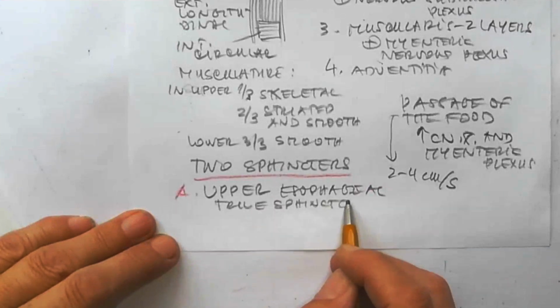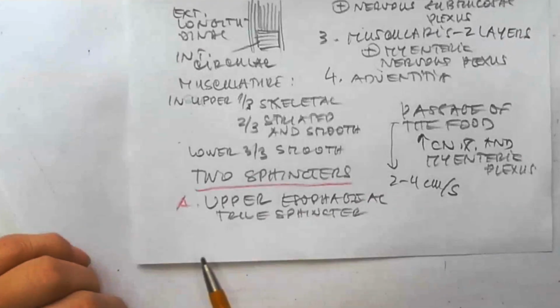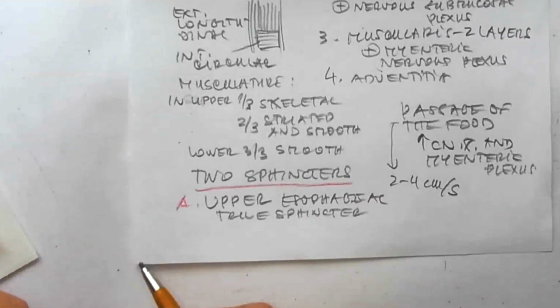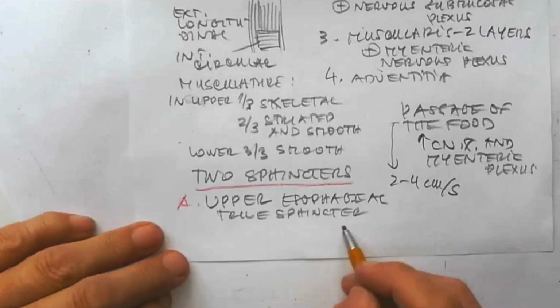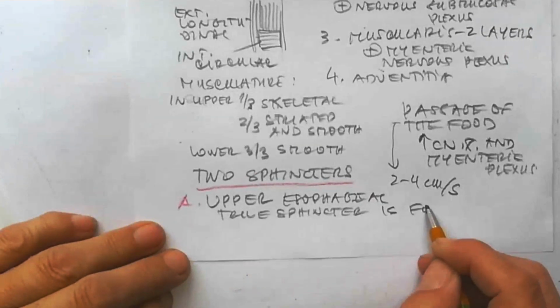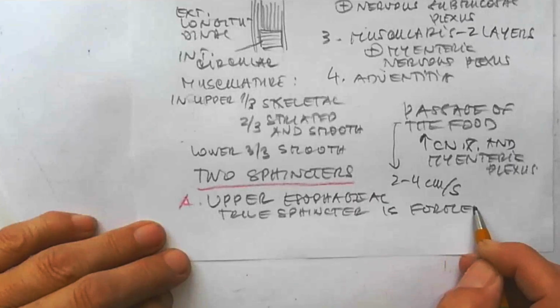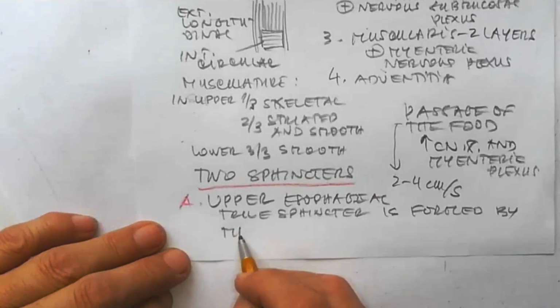It exists because there are specialized fibers, and the true sphincter is formed by the following structures.